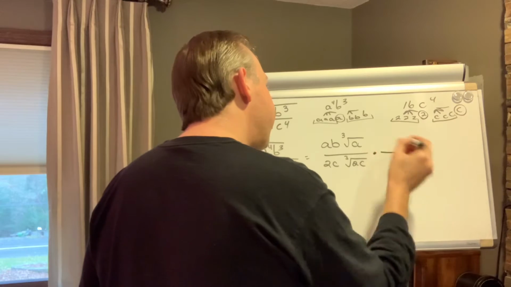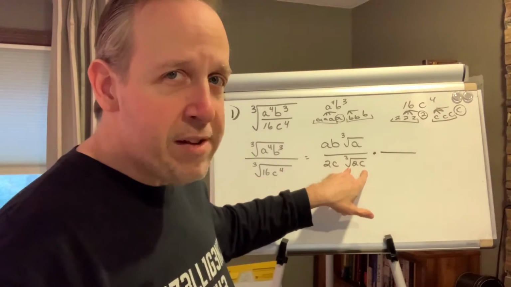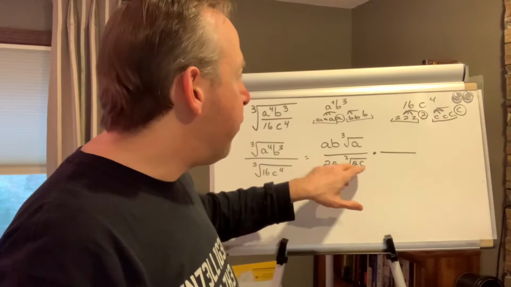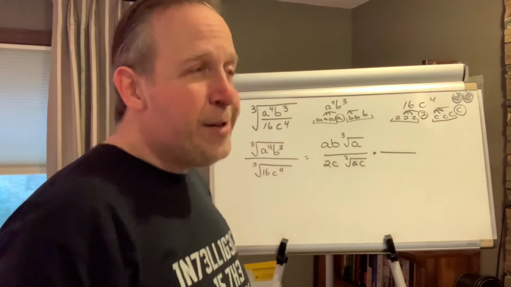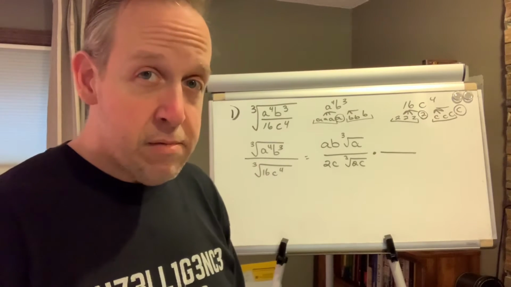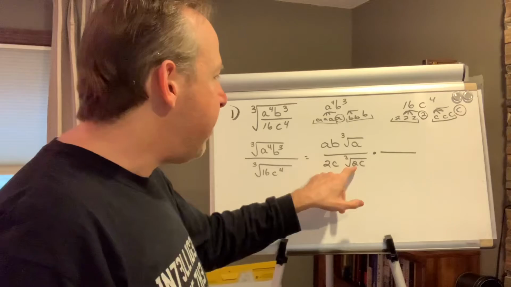So the a, the b, all that's there. I have to get rid of the third root of 2c. Now, that means I need to multiply by something that will create a perfect cube here and there. The closest perfect cube to the number 2 is 8, because 8 is 2 to the third power. How do I get that to say 8?